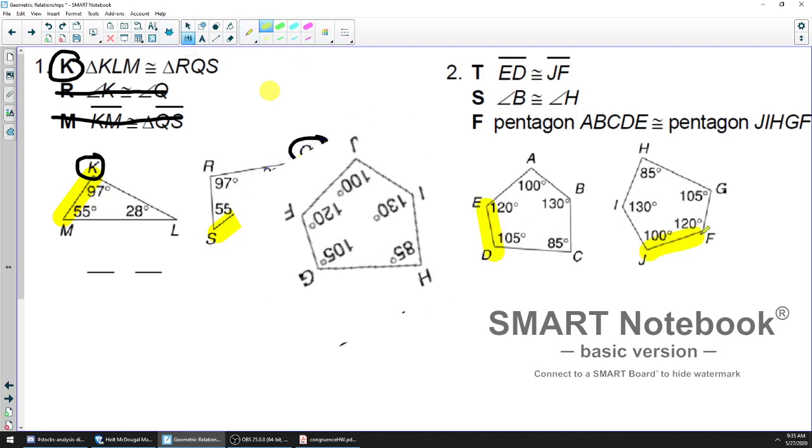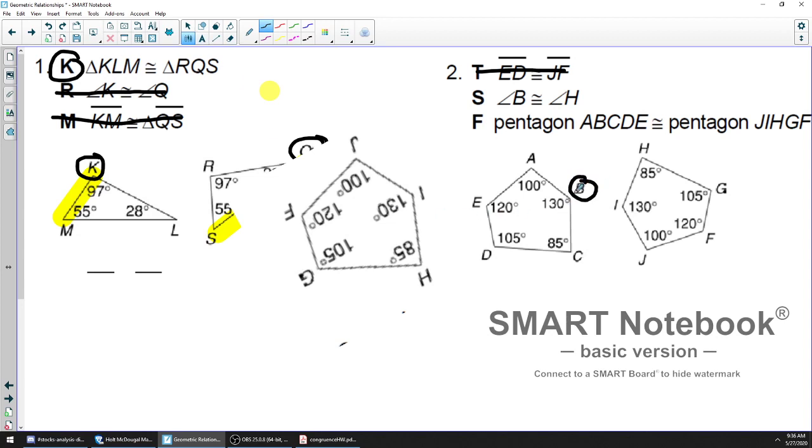But we knew ED is not congruent to JF. ED, where's JF? JF would be right here. So do these match? No. So this one would be incorrect. Is angle B the same as angle H? Where's angle B?